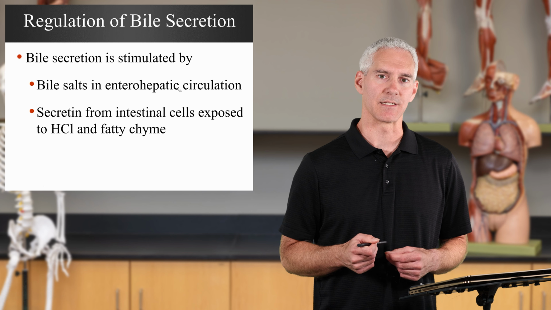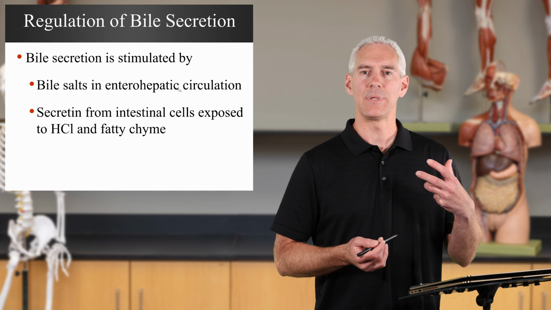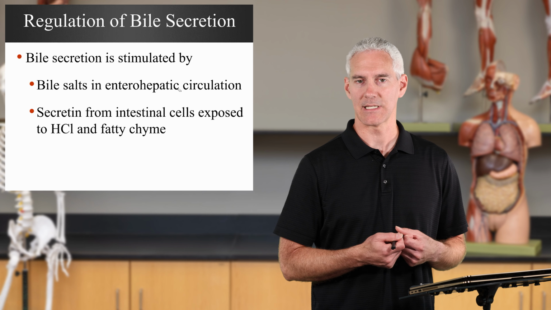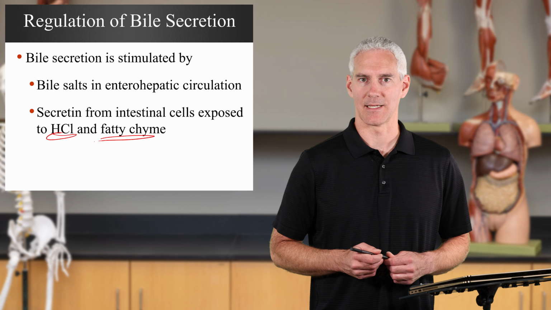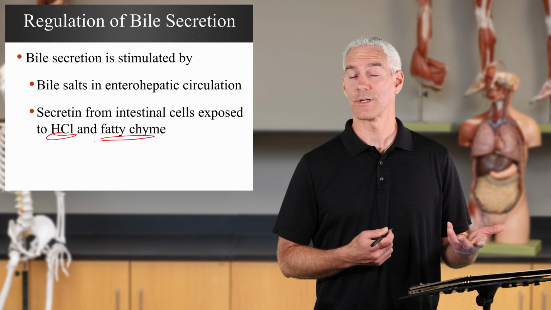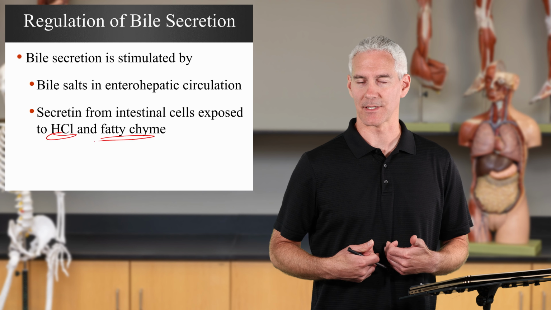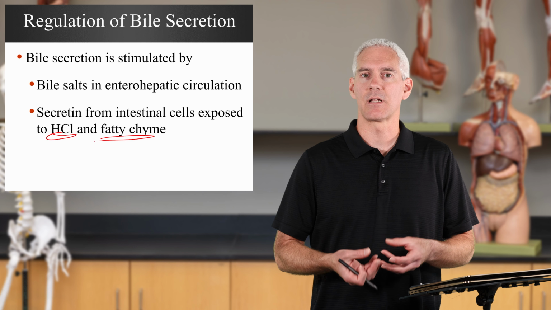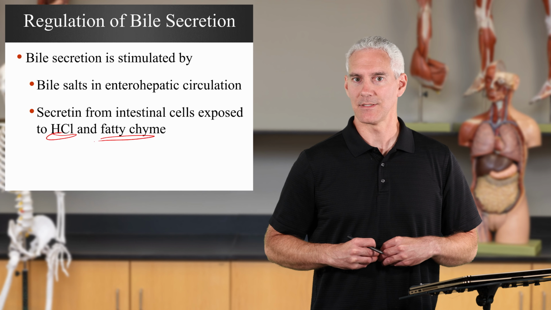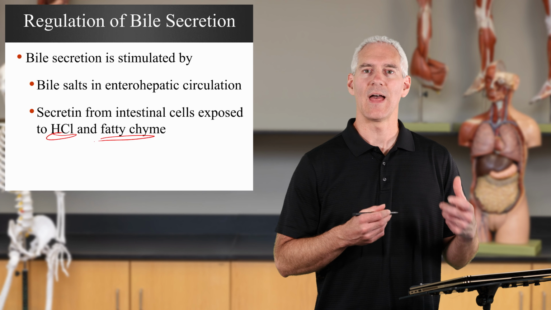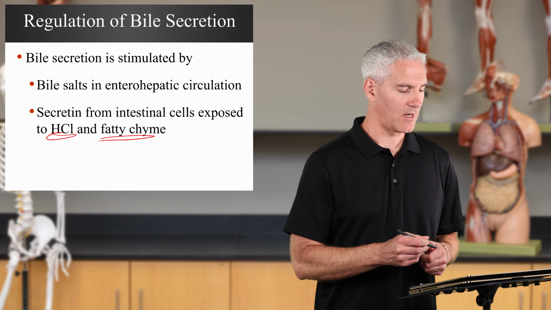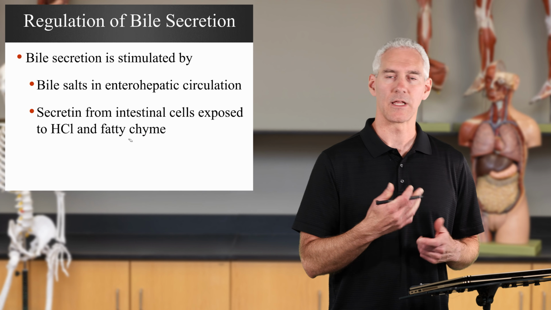Your duodenum has chemical receptors that are able to detect hydrochloric acid and fatty chyme, because hydrochloric acid can only come from the stomach. So if the stomach dumps a little bit of chyme down into the small intestines, it's more acidic. That triggers the secretion of bile. So that's more of the regulation there.